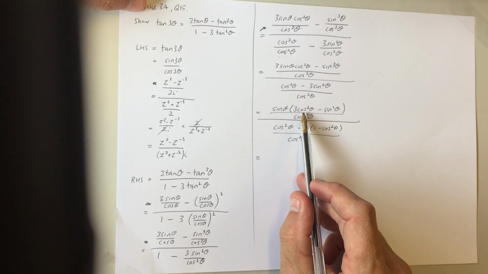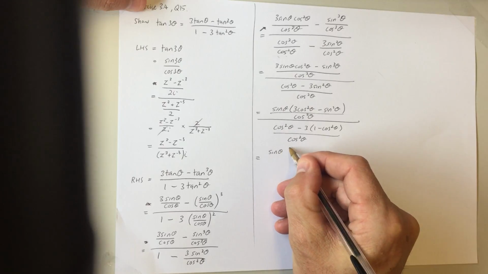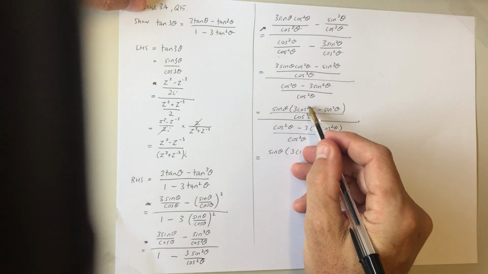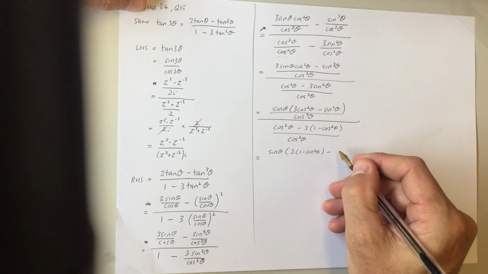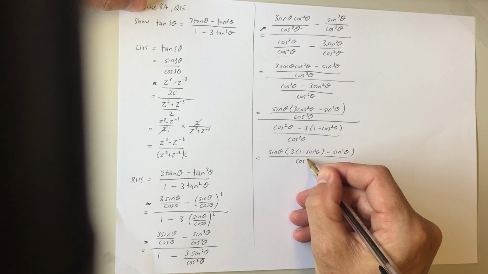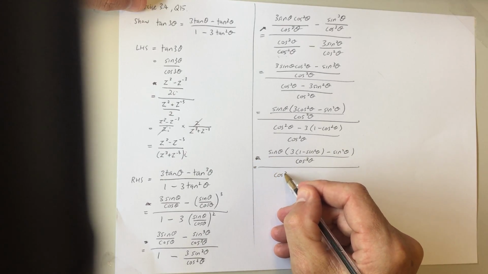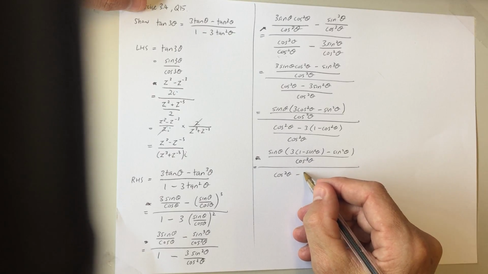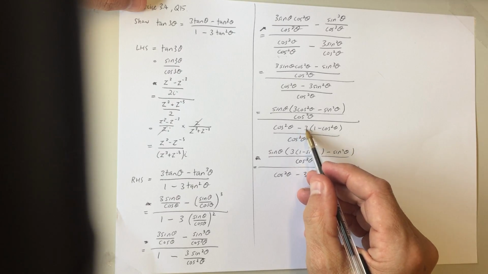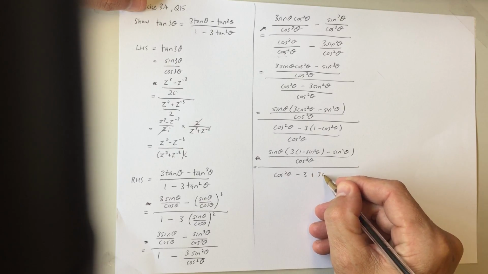Alright, so I'm going to do that here. I'm going to substitute 1 minus sine squared theta here. Hopefully that just simplifies it a bit. So I've substituted 1 minus sine squared theta for that. So minus 3 times 1 is minus 3. Minus 3 times minus cos squared theta will be plus 3 cos squared theta.